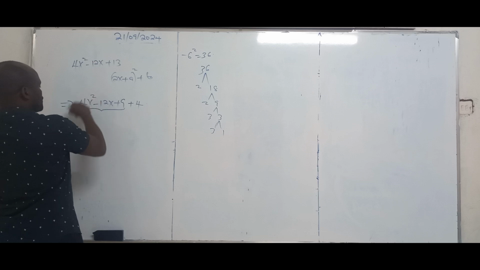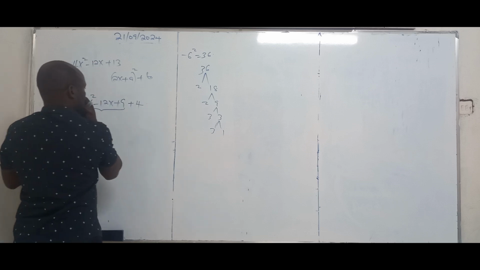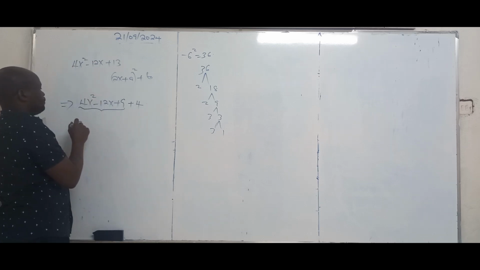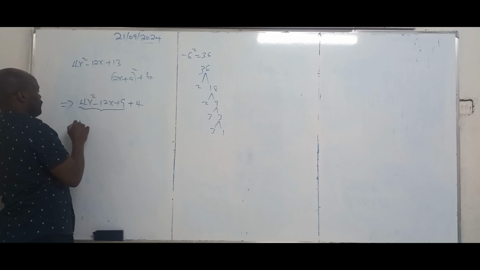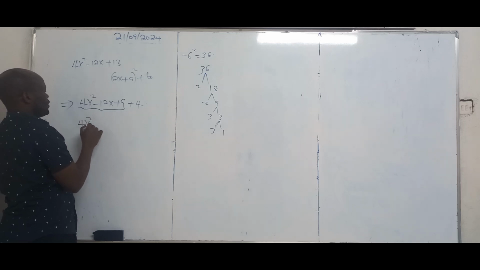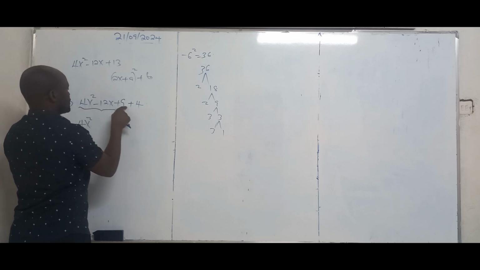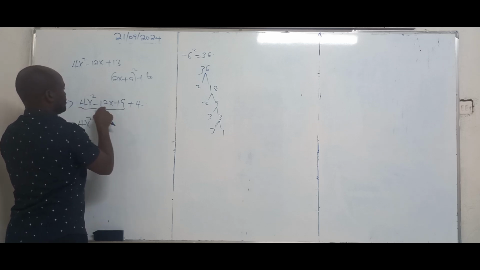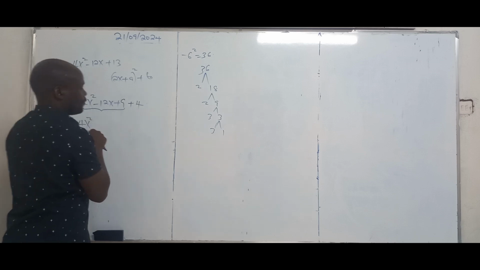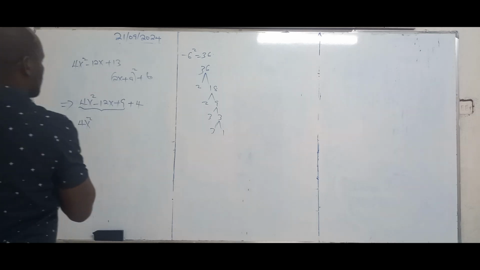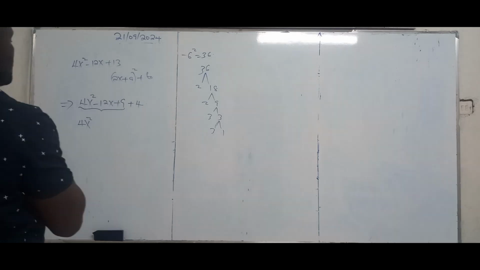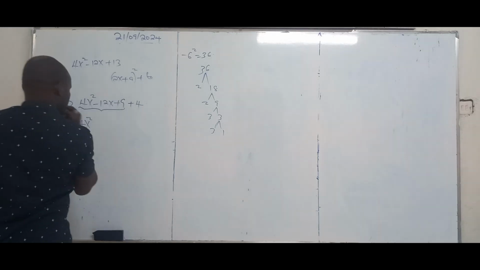So if it's a perfect square, then we can factorize it further. So we look for two numbers whose product is 36 and sum is 12. That is 6 and 6.